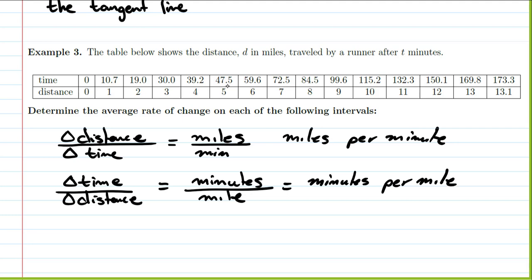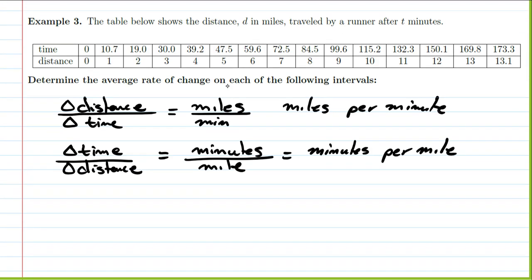So depending on which slope we're talking about, both of these are useful statistics. One of them is, how many miles are you running every minute? And the other one is, how many minutes does it take you to run 1 mile? So depending on which way we order the ordered pairs, we're going to get different slopes. And in this physical situation, both of those have interpretations and both of them can be useful.